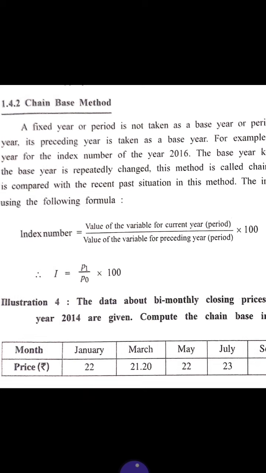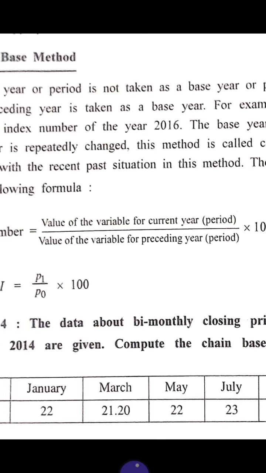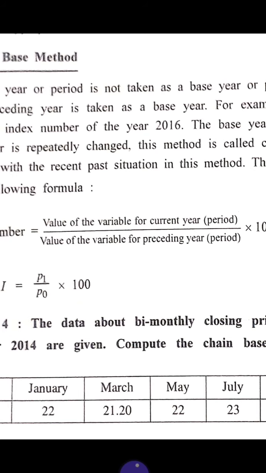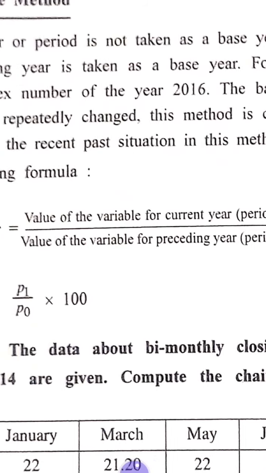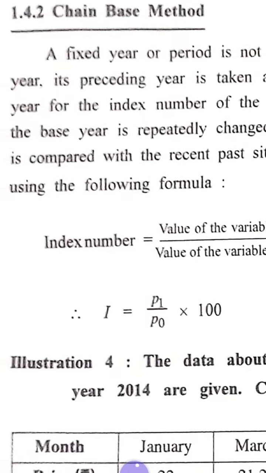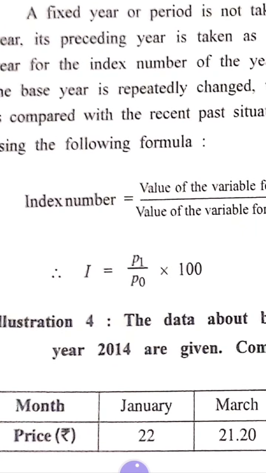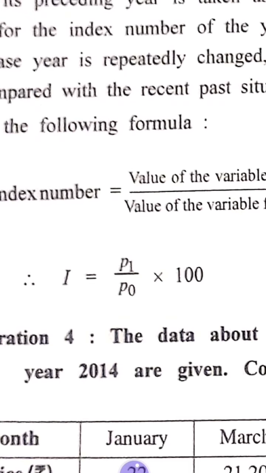So over here you always take the value of the variable for the current year in the numerator and the value of the variable of the preceding year, that is the previous year, is always taken in the denominator. You multiply it by 100. This is how you get the index number. Over here also the index number formula will remain the same, that is I is equal to P1 upon P0 into 100.